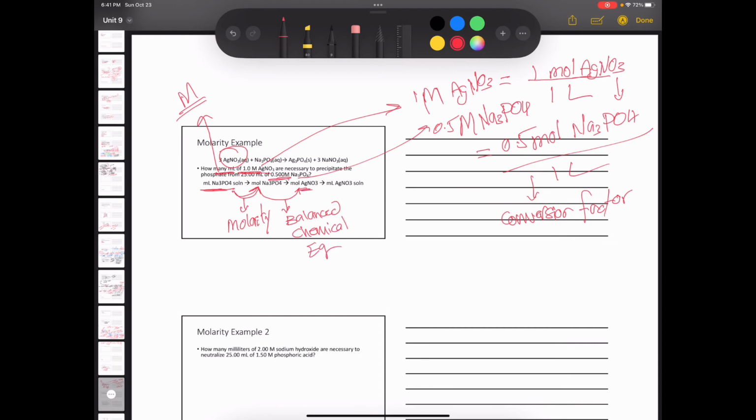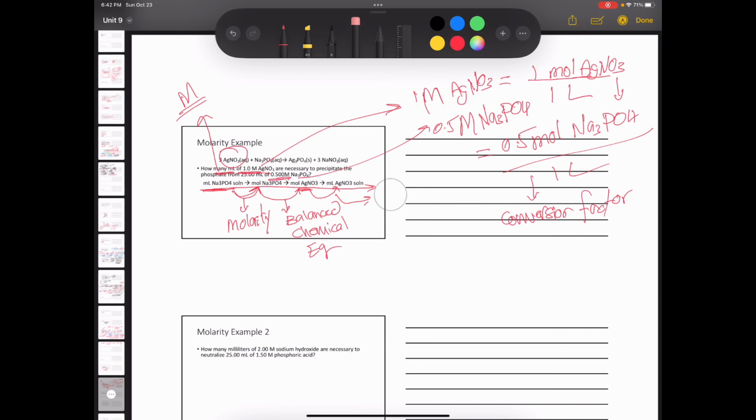Once I have moles of silver nitrate, I need to convert that into mils of silver nitrate, and this is going to be coming through molarity. Okay? So this is basically my plan to convert between mils of sodium phosphate into mils of silver nitrate.